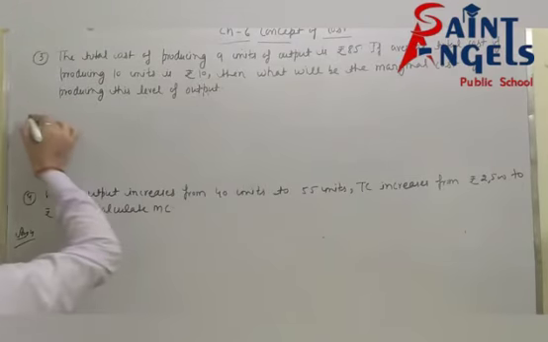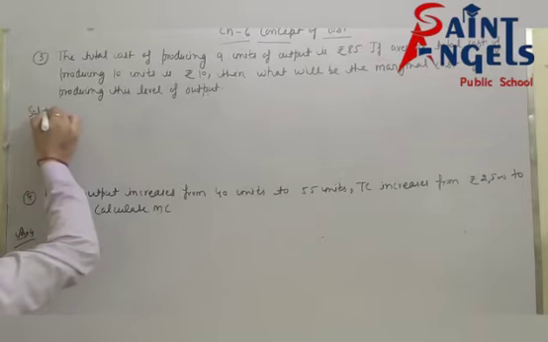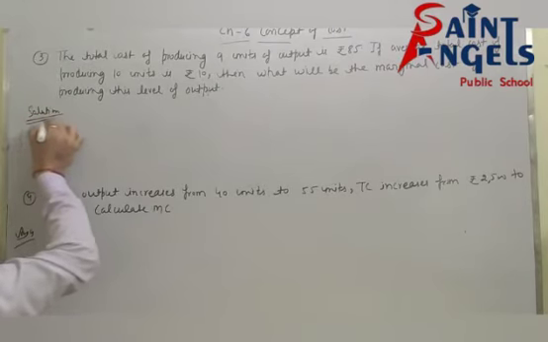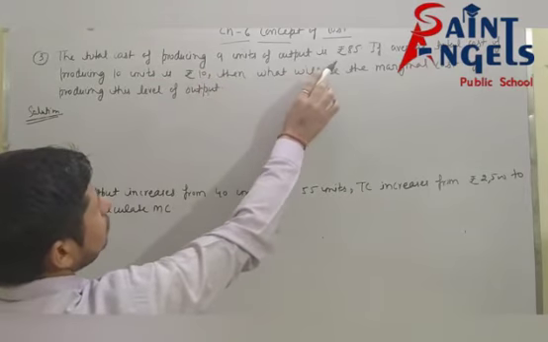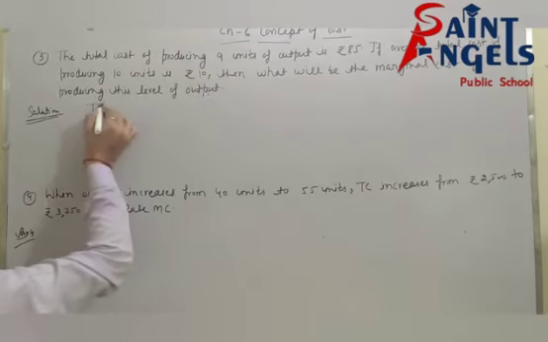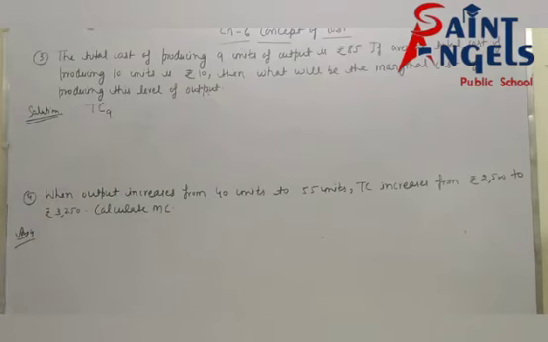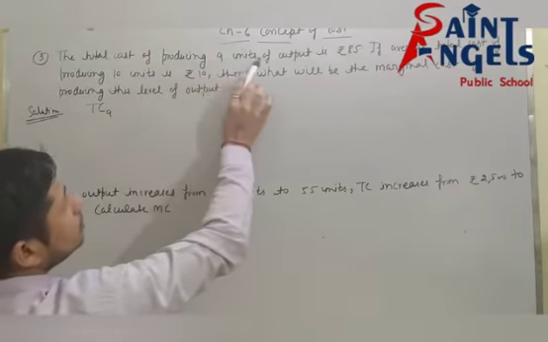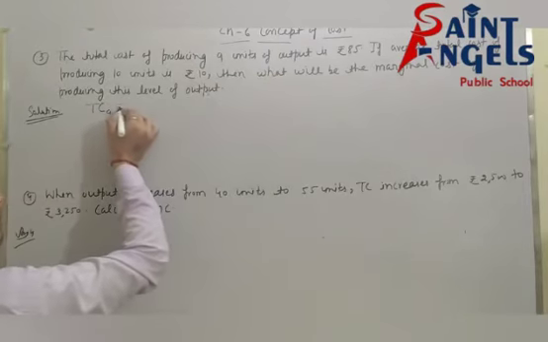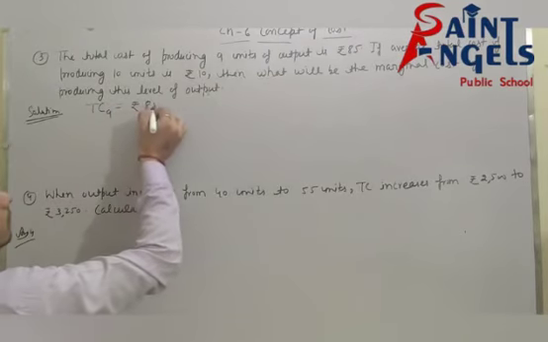See, how will you solve this? First of all, the total cost of producing 9 units of output is rupee 85, so you will write TC9 is equal to rupee 85.